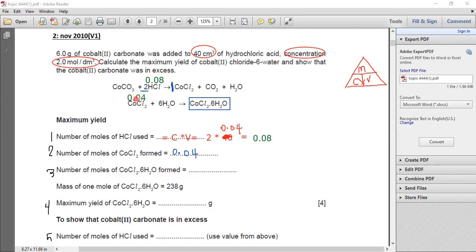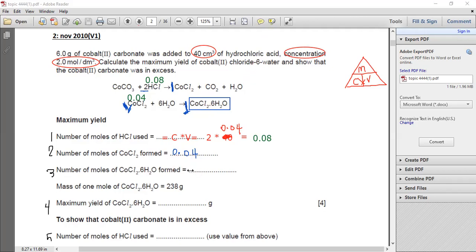Look, you know COCl2 makes me mole ratio as well. Here is 1. And here is 1. So what does it mean? They equal each other. So number of moles of COCl2 exactly like COCl2 6H2O equal 0.04 as well.